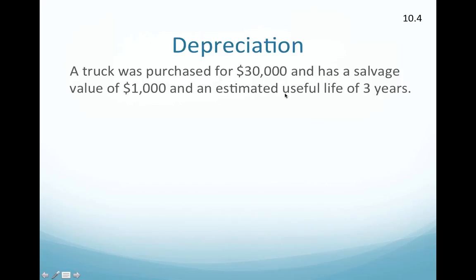Okay, so here we have another deal. We have a truck, it's $30,000, salvaged at 1,000, estimated useful life 3. Okay, so if you guys can show me the steps that you would take to find the annual depreciation.